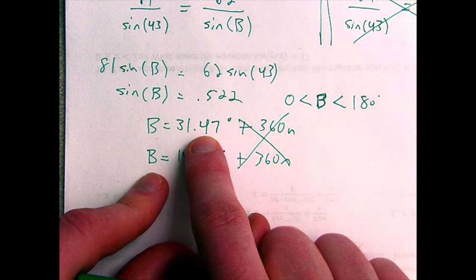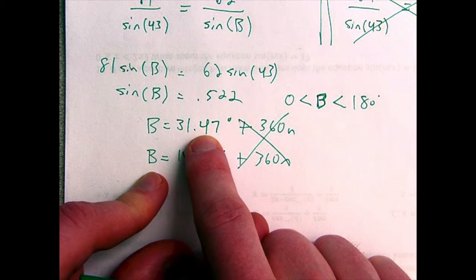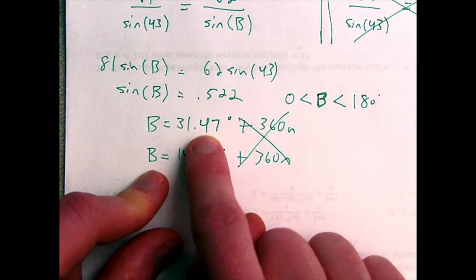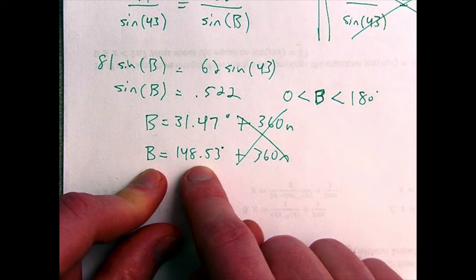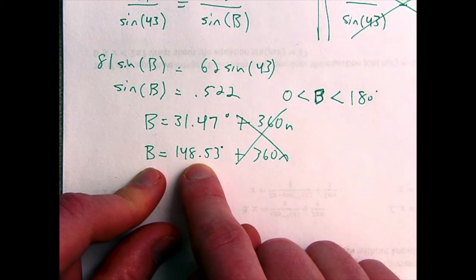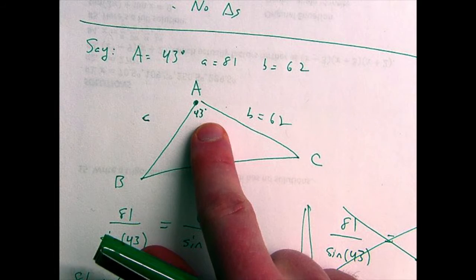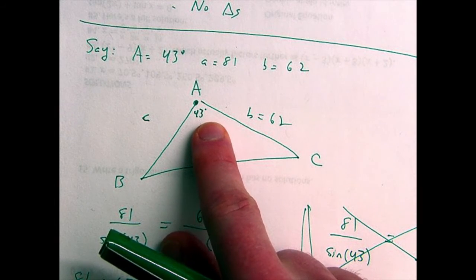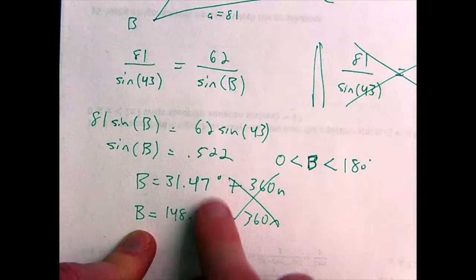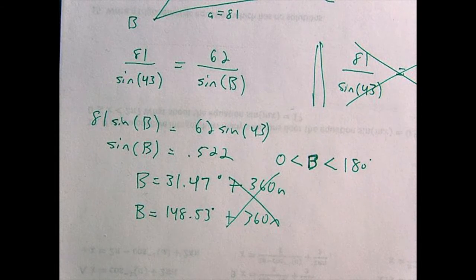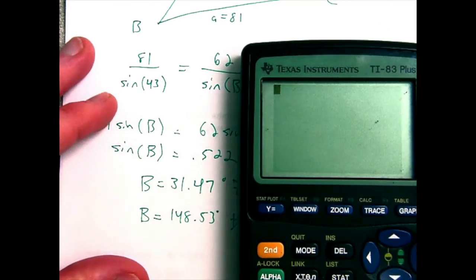This first base solution will always be a viable, possible value for B. The second solution may or may not be, depending upon whether it's too big compared to the angle that you already know. We already know that capital A is 43 degrees. Can this angle be 148.53?